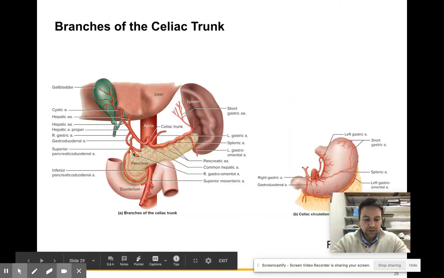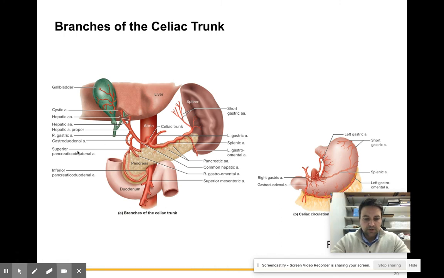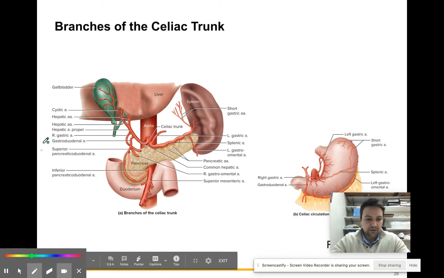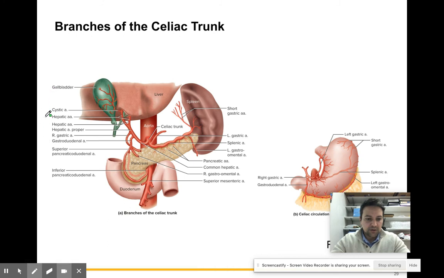We want to know certain arteries that deal with your organ systems. There are some that deal with the liver and the gallbladder and the spleen, and we want to be able to identify those. So we want to know the hepatic artery. That's the one that feeds the liver, and you can see it here and here.